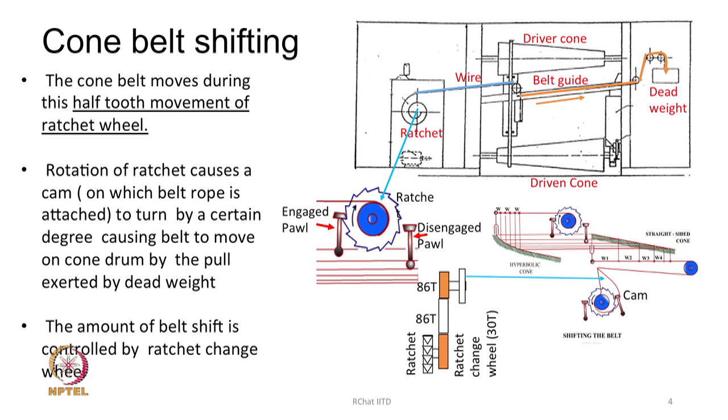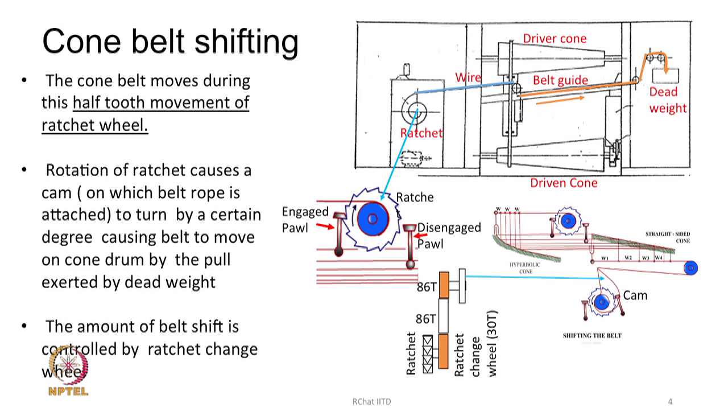In this case the left hand pole is engaging the tooth of the ratchet, and therefore, as long as it is engaging, the ratchet can't turn, even though there is a turning moment because of this dead weight acting on it.